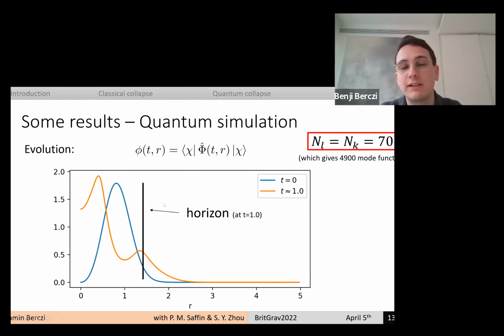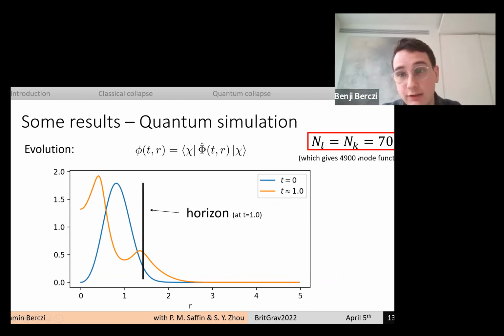So we want the simulation to be as quick as possible. Here, in this case, there is a black hole formed, and because of the singularity avoidance again, the time freezes at the center. So we see that the scalar froze here, and a horizon forms.